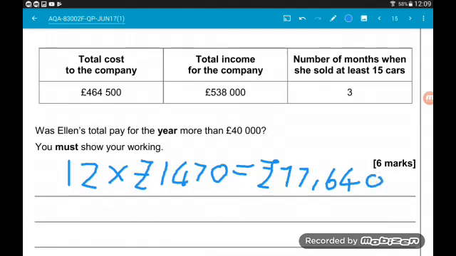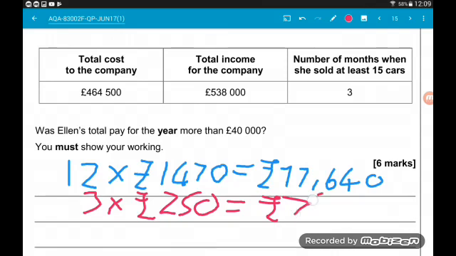So that's her basic income without any types of bonus. Okay, next, we know that she sold more than 15 cars 3 times. So every time she does that, she gets a £250 bonus. So 3 times £250 is £750. So that's more money she's making.